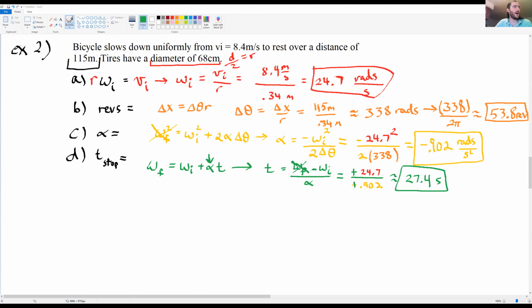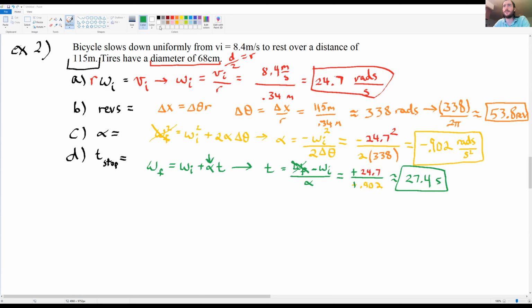But now we're done with this idea of rolling without slipping. And the next section that we need to talk about is what we call torque. Now, I'd like to draw an analogy between torque and force.